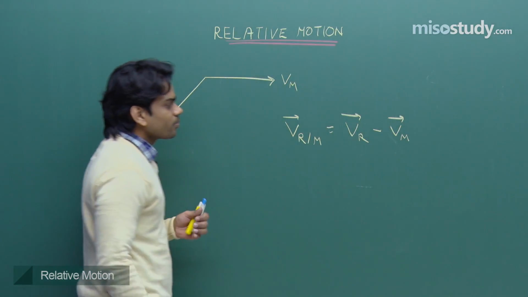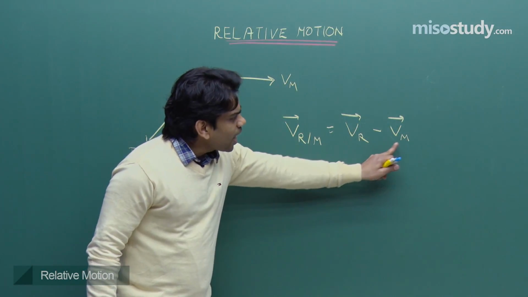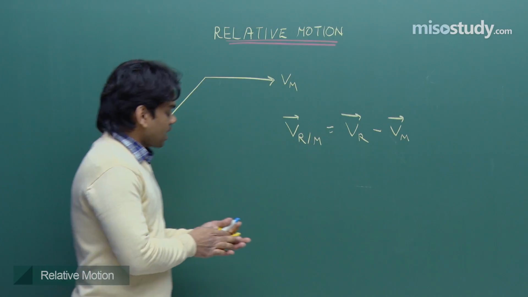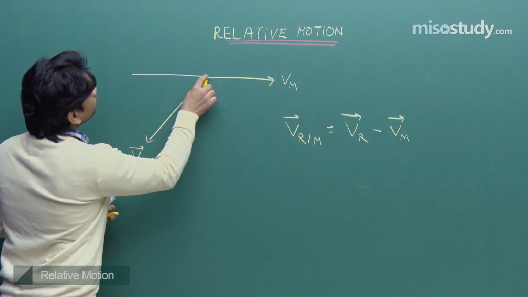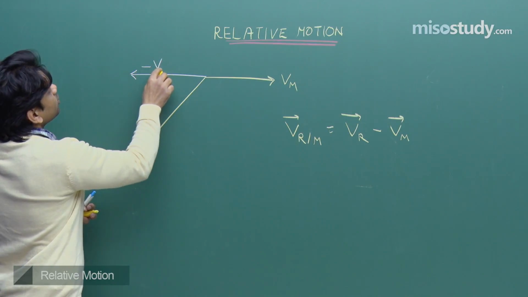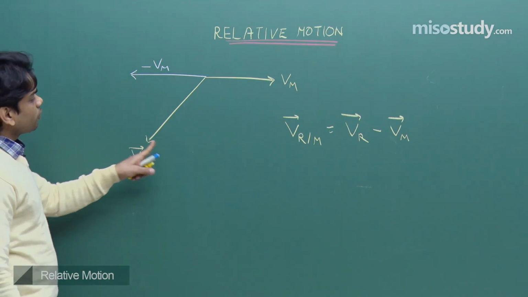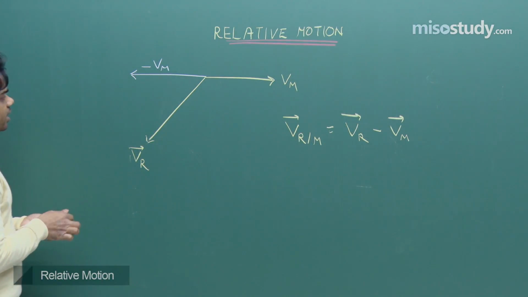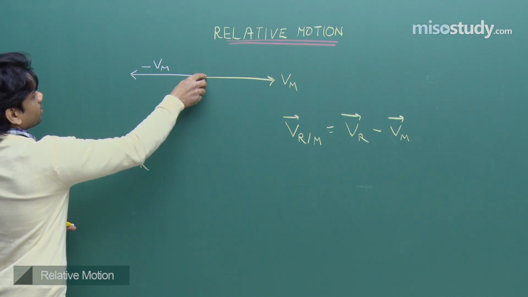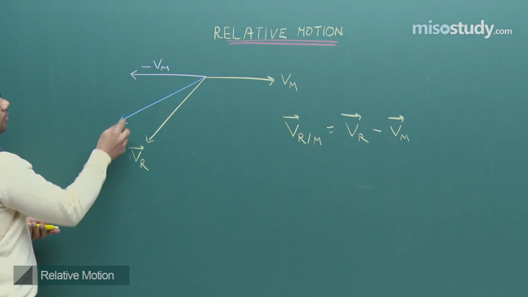Now if I want to do this vector subtraction, I have to take the negative of velocity of man. So if I want to find the resultant of Vr minus Vm, the resultant will be lying somewhere here. This will be the resultant of Vr minus Vm.